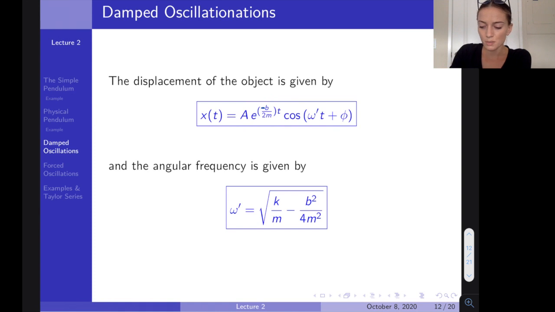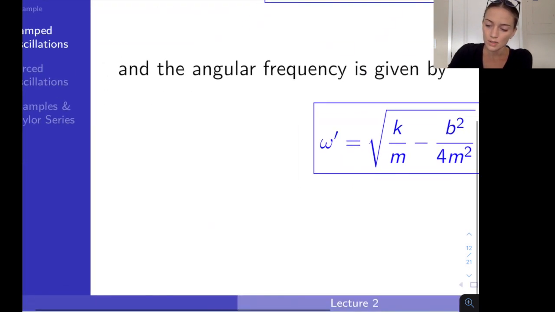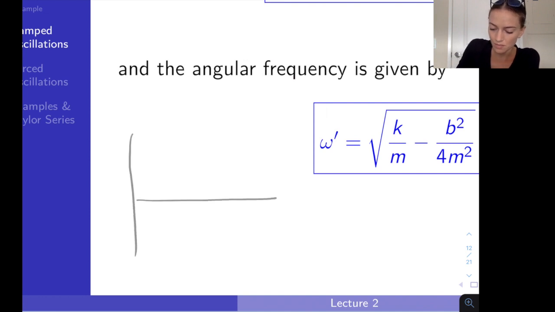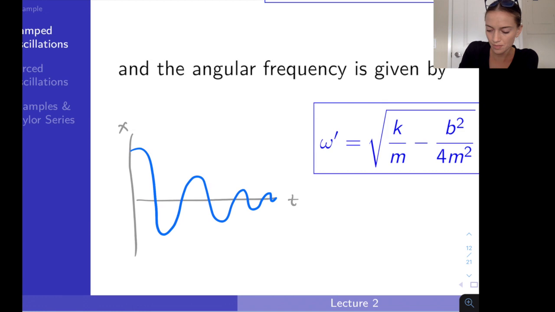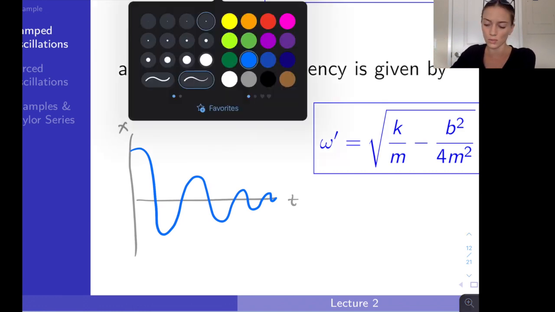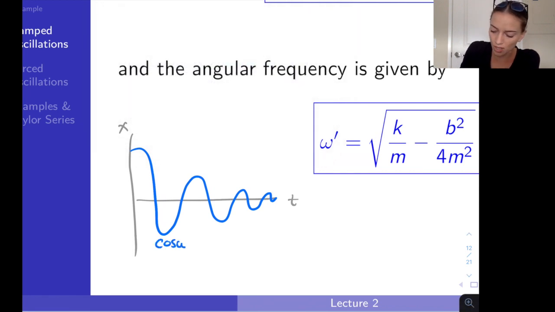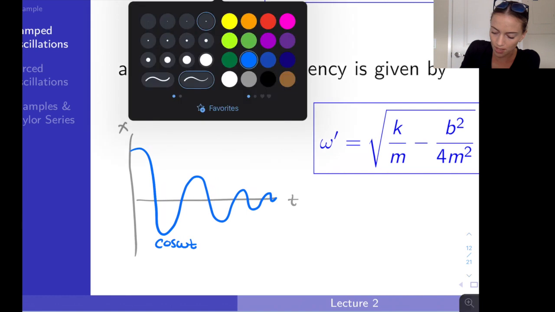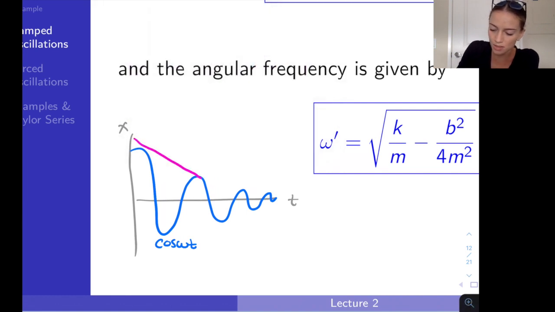And what this exponential term will do here, so let's say we have t and this is x. It's going to look sort of like this. Your amplitude will get smaller and smaller as time goes on. This here is like your cosine omega t, and then we have this exponential function hugging it.